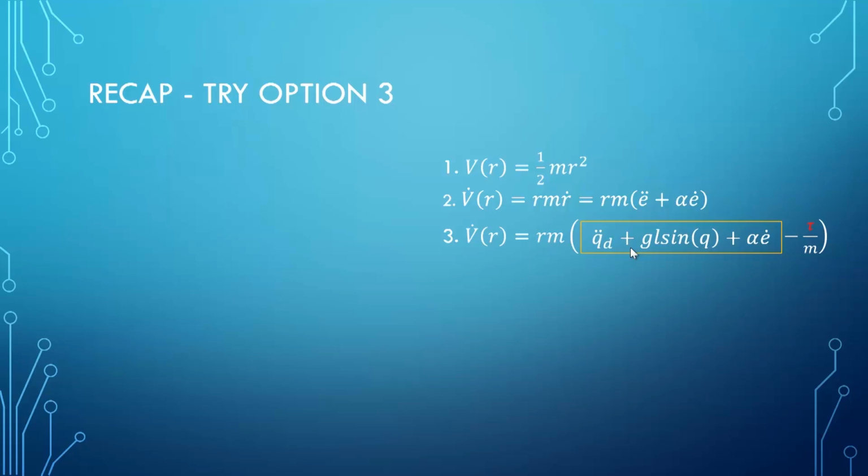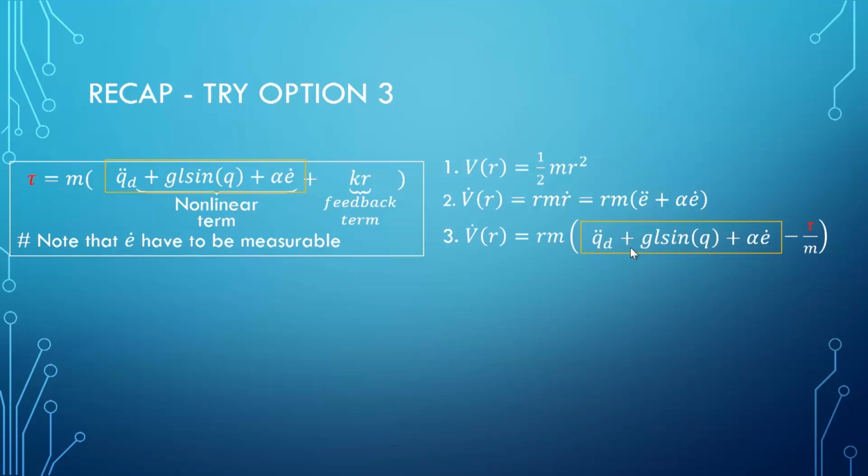This is the obstacle that prevents you from showing V dot is negative definite. So the simplest way is, in the controller here, you put all these terms in a box and repeat them in the controller.